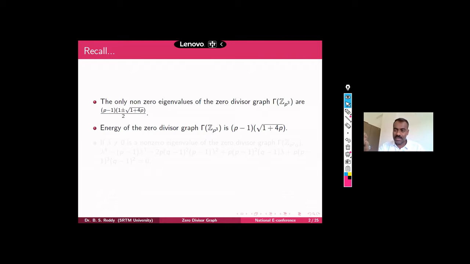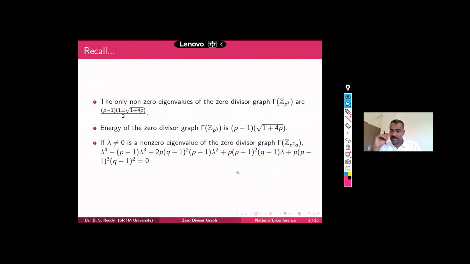Energy and the Wiener index are used somewhere in chemistry, in some applications, but I was not in deep of that. But this Wiener index and energy can be used to compare those chemical bonds and all.